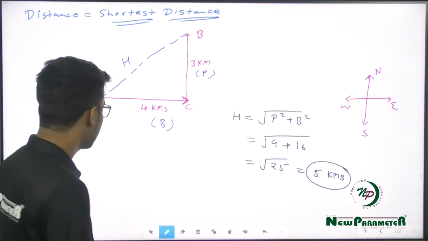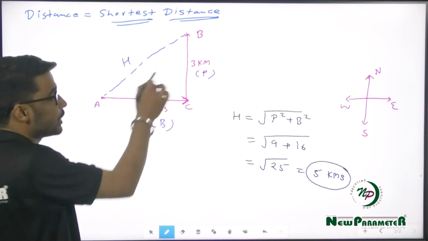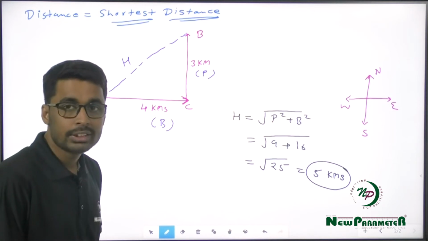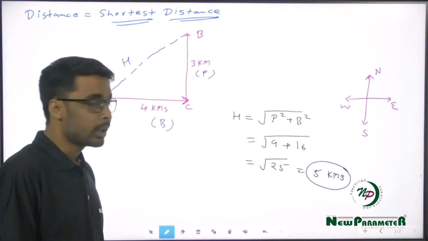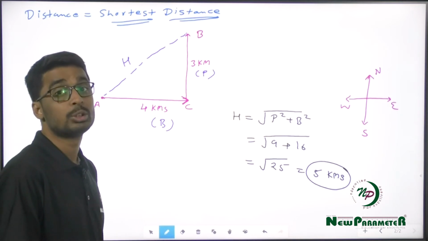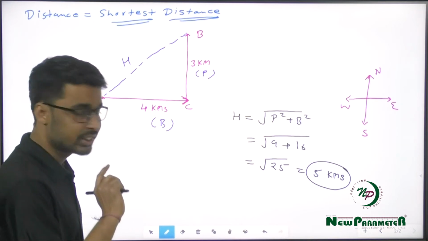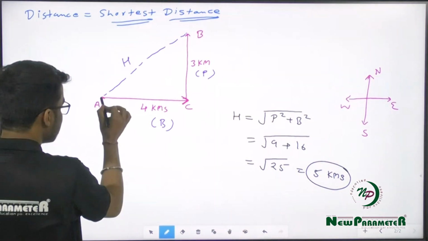And the third type of question that the examiner can ask you is, from the starting point, in which direction is the person standing, or at point B, in which direction is the person standing with respect to his starting point. So this was my starting point.